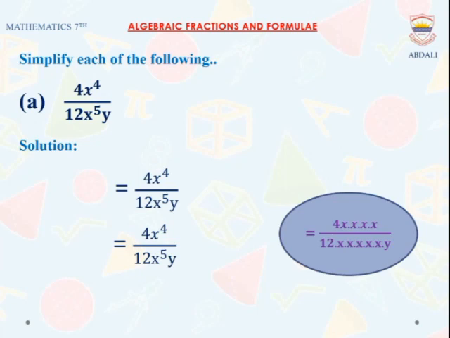So now we can simplify it by cutting similar values of numerator and denominator. So the 4 x's in the numerator will be cut with 4 x's of the denominator. Then what is left behind? 4 and 12 will also be divided, as 4 ones are 4 and 4 threes are 12. So all the remaining part is our answer, which is 1 by 3xy. Okay.